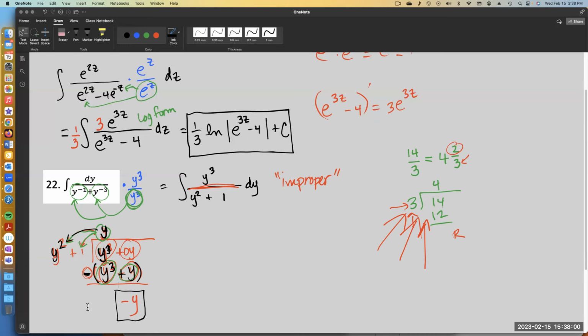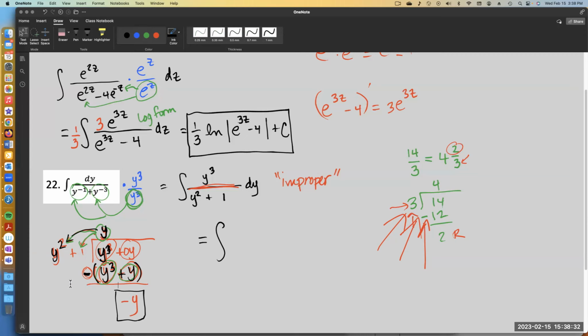Oh, okay. And then as soon as this expression here has a lower power, then we're done. Just like over here, we subtracted and got 2. When this is less than that, we're done, and this is the remainder. So over here, the negative y is the remainder. And then we're going to do the same thing that we did with grade school math.